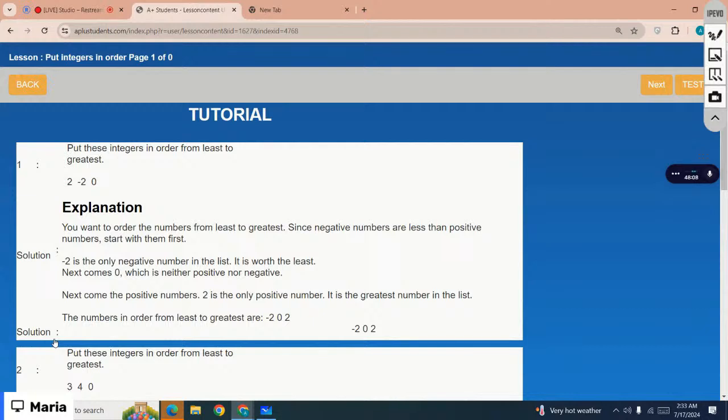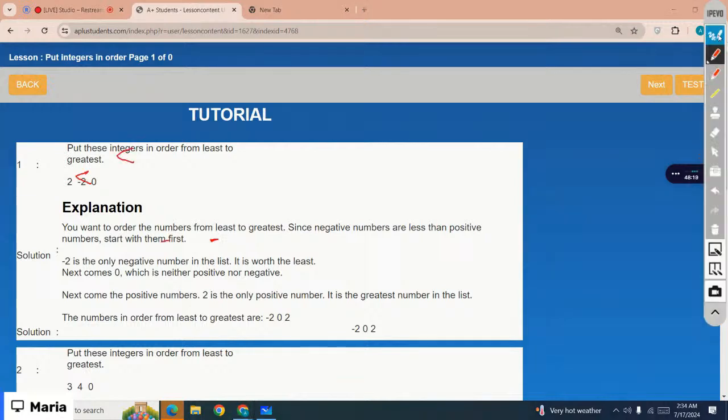Okay, so you are given the integers, you have to arrange them in order from least to greatest. For example, you are given 2, -2, and 0, so you have to arrange them from least to greatest. Negative numbers are smaller than the greater ones, so you write down the negative number first, that is -2. Then you are left with 0 and 2, so you have -2, 0, and 2.